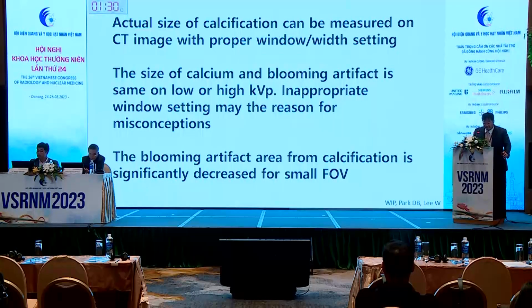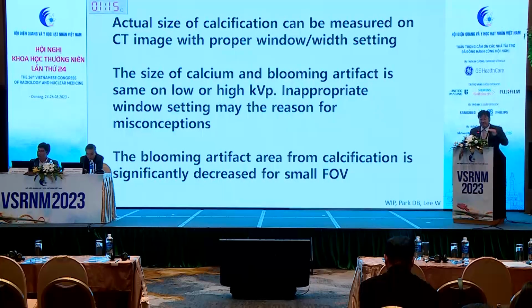The size of calcium and blooming artifact is the same on low and high kVp, with proper window width setting. Why do we see blooming differently? Because inappropriate window setting creates the misconception. Low kVp has a higher attenuation, so we have to apply a wide window. With high kVp the attenuation goes down, and when you apply this wide window it is a more proper window setting for high kVp.